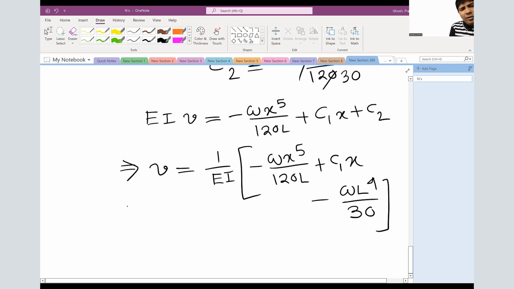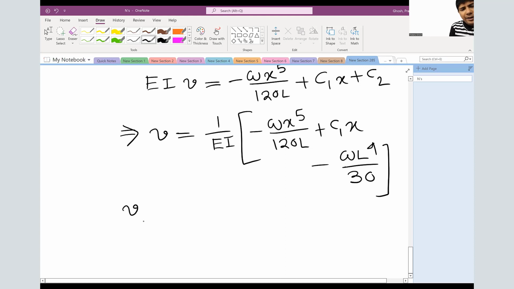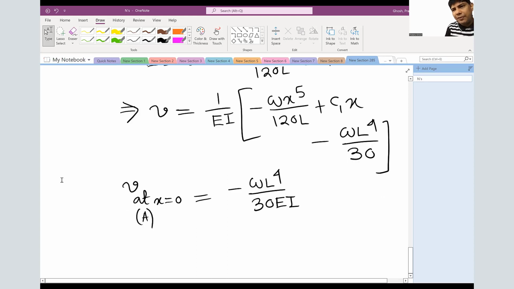So our aim is to find the vertical deflection at x equal to 0, which is at A. So we are going to put x equal to 0. So this will be gone, this will be gone. The only thing remaining is WL^4 over 30 EI. And this is negative, so that means vertical deflection is going downward. So if vertical deflection is negative, it is downward. If it is positive, it is upward.